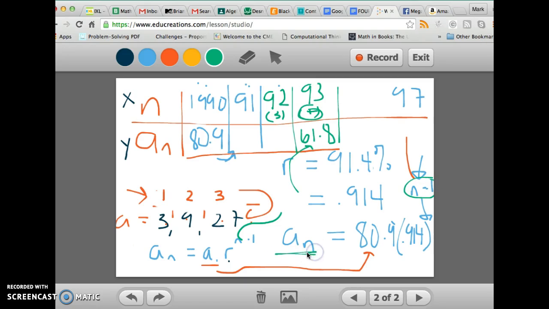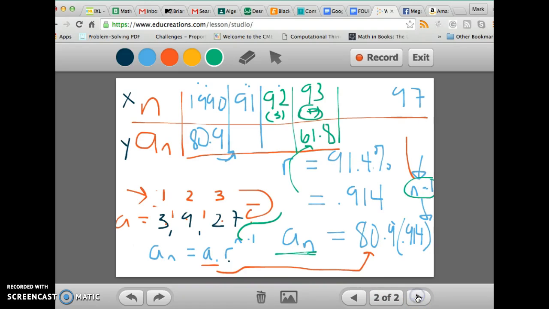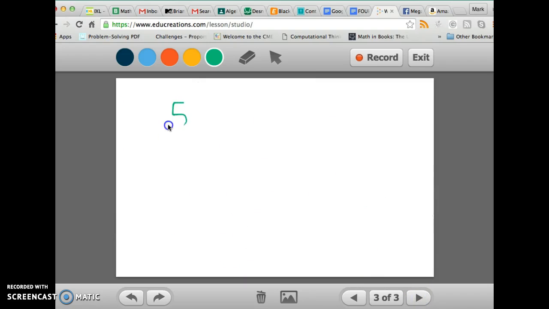Now we want to know, what if a sub n is given as 50? Exactly what do we have to raise this to? How many times do we have to multiply 80.9 by 0.914 to get 50? In other words, 50 equals 80.9 times 0.914 to the what power? And we're going to minus 1, so we can look at it that way.